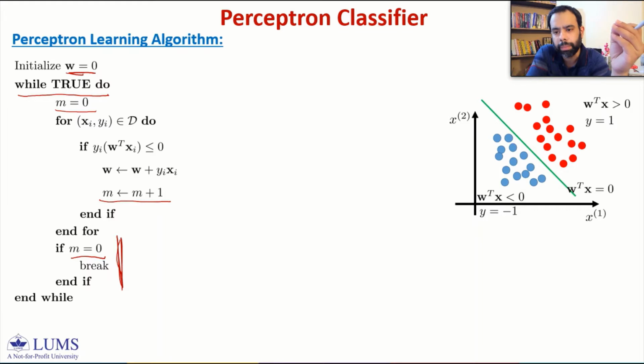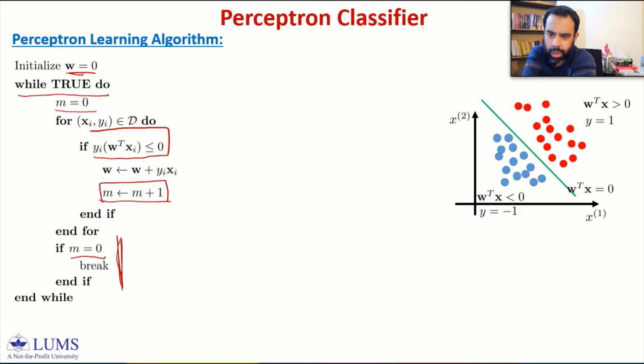Okay, and if you see, this m will be updated if yi w transpose xi is less than or equal to 0. If you remember, if yi w transpose xi is greater than 0, that is what we require. So if this condition is true, it simply means we have a misclassification for xi, or xi is on the wrong side of the hyperplane.